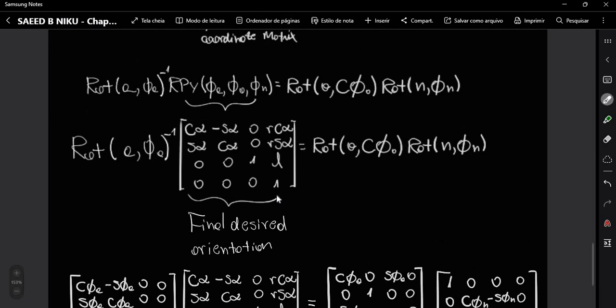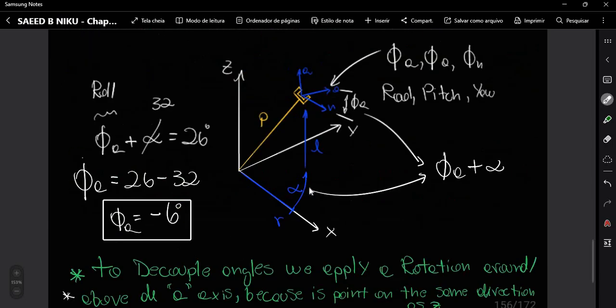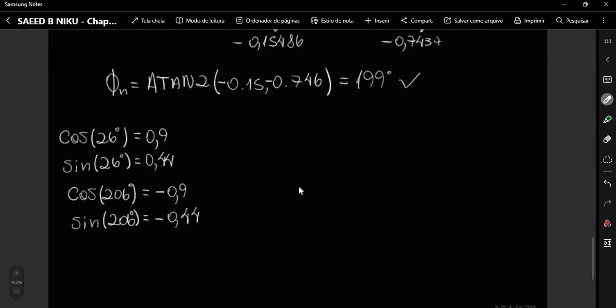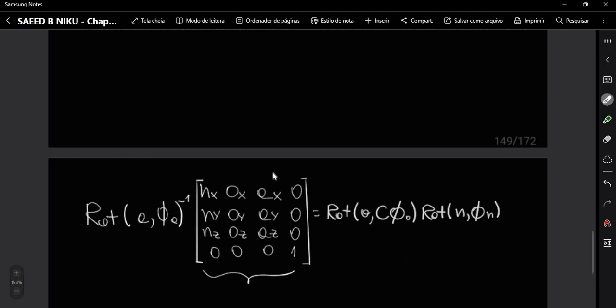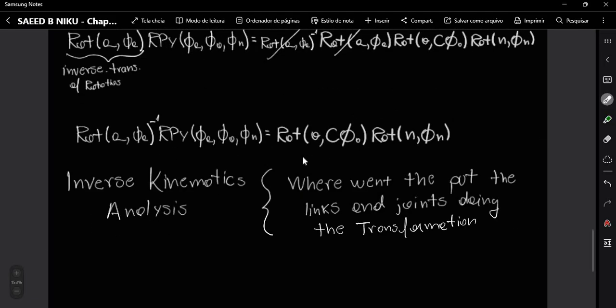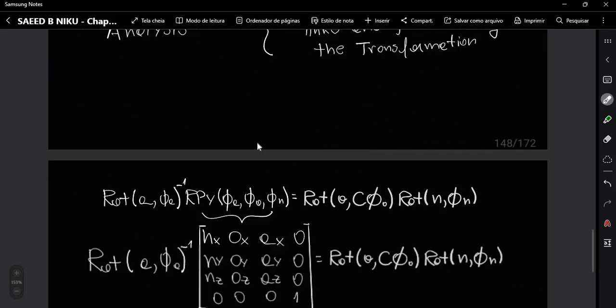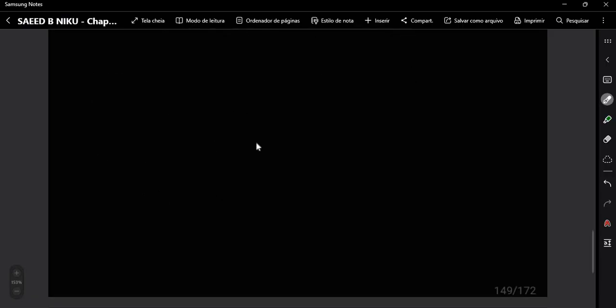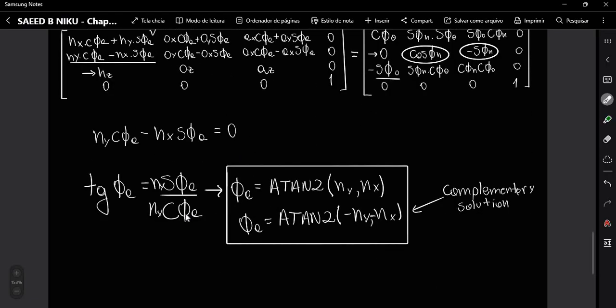But we have to solve for phi A, not for alpha. Let me see right here how we have done. Okay, this way.